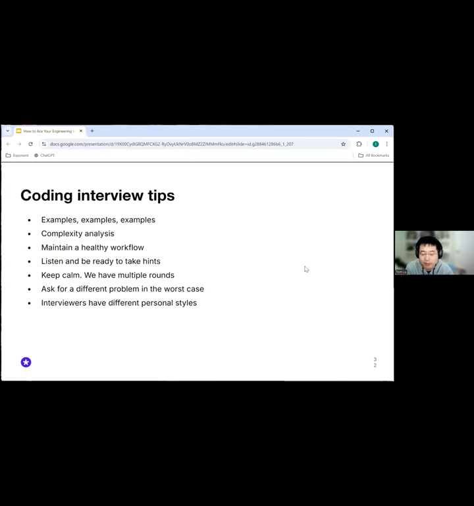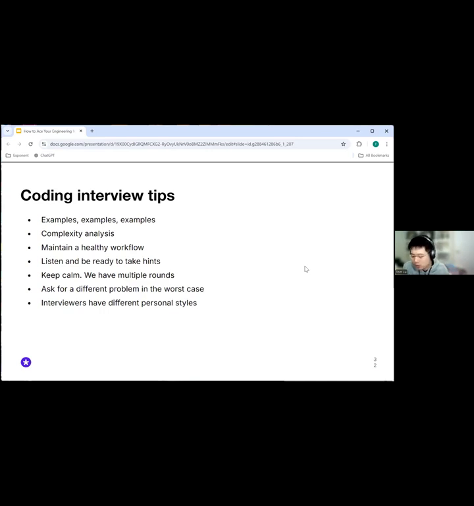Some of my students, some of the candidates, write some code and then think about other approaches and optimizations. So they refactor their code or completely discard their code, which in my opinion is an unhealthy workflow. A healthy workflow should start with a brainstorm session.